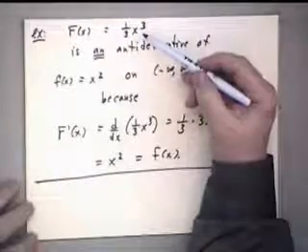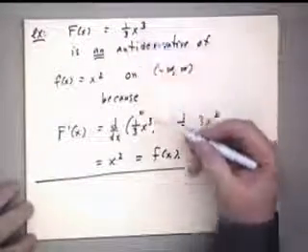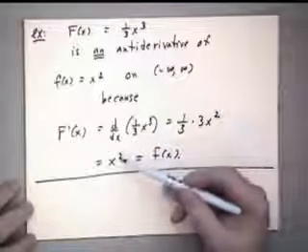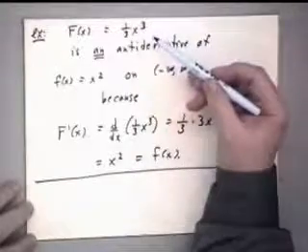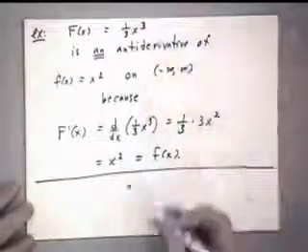Now, I started out by giving you this function and showing you that it was an antiderivative. The question of how we start with a function like little f of x and find the antiderivative is another story. We'll get to that later.